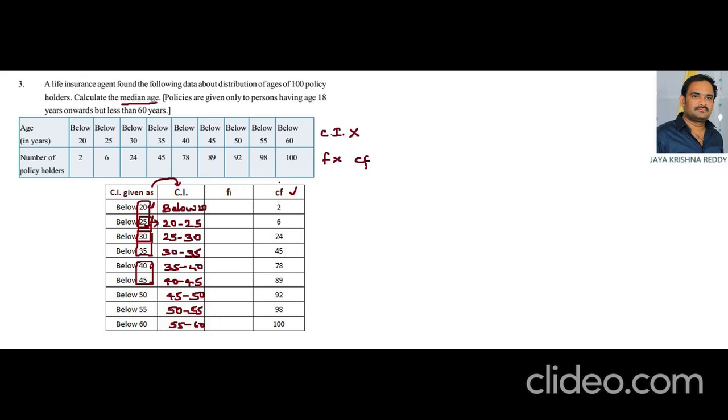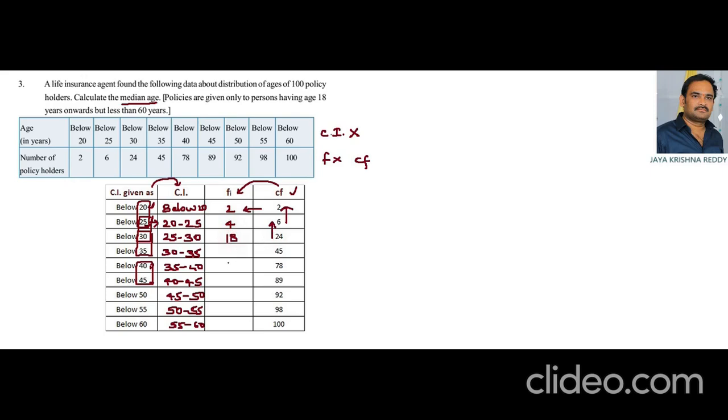And by using this CF column, we have to write the frequency values. Write the CF value as the frequency of the first row as it is, 2. This will be the same. Now to write the next frequency, subtract 2 from 6, that means 6 minus 2: CF minus the CF of the previous row. 6 minus 2 is 4. And next, 24 minus 6 is 18.